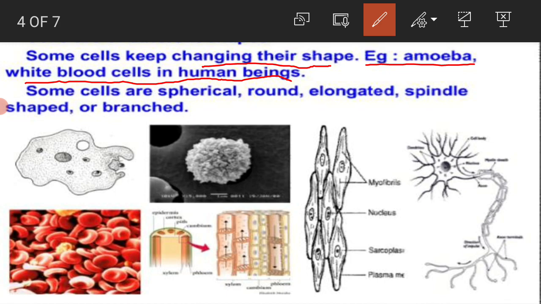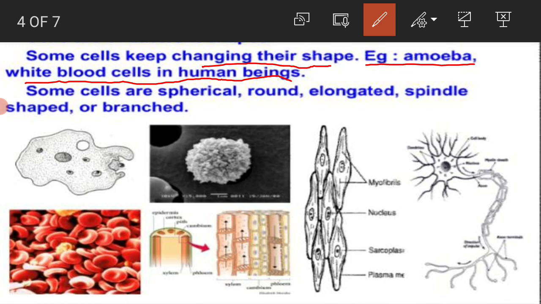Some cells are spherical, some round, some elongated, and some spindle shaped or branched. Different types of cells are shown in this picture.